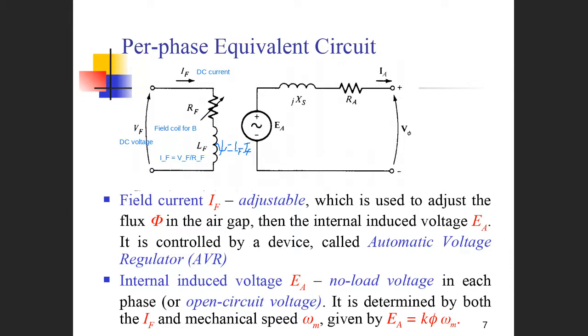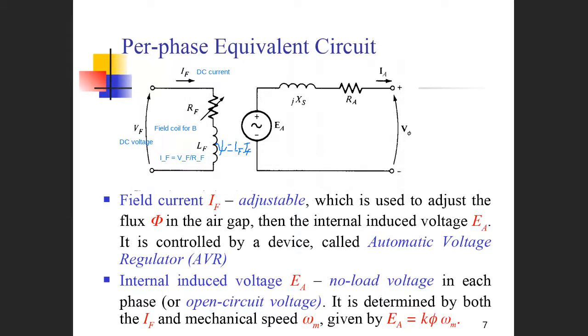The product of it is the flux, phi. The current depends on the DC voltage over the resistance RF, that's the current IF DC. Very easy to get. So we have the field coils equivalent circuit here, which produces a magnetic field.